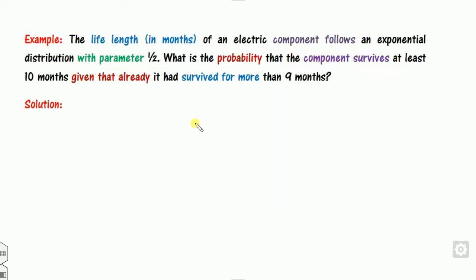Look at one more example. The life length of an electric component again follows the exponential distribution with a given parameter lambda, which is again related to the time period. What is the probability that the component survives at least 10 months, given that it has already survived at least 9 months?